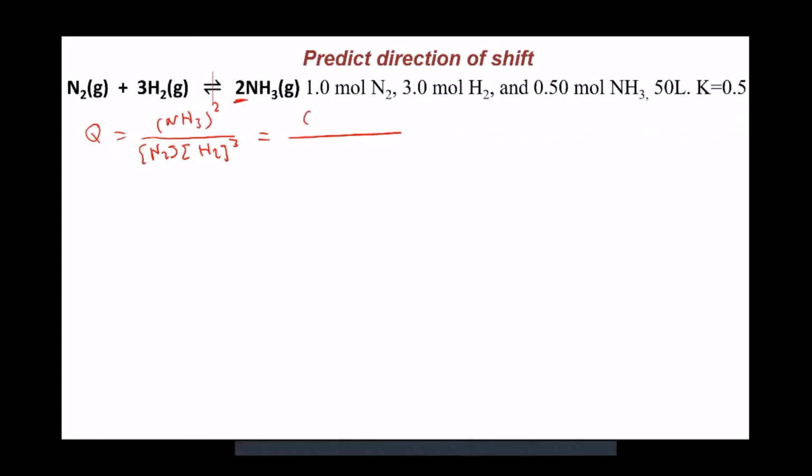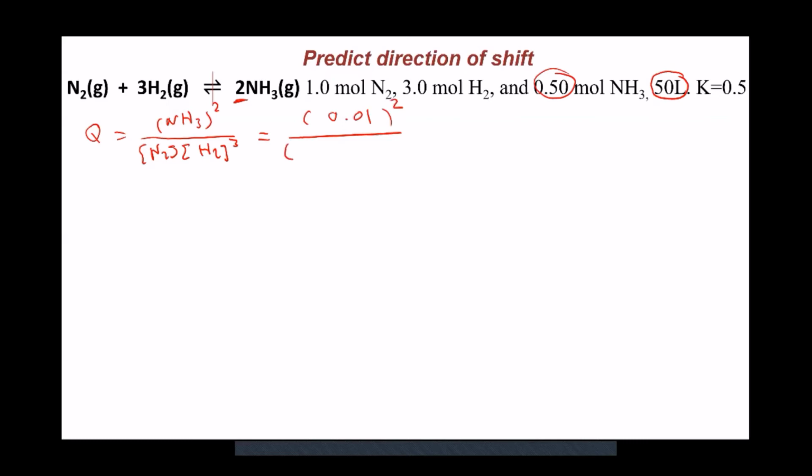The concentration of ammonia is 0.5 divided by the volume of the container, which is going to be 0.01 molar, to the power 2.